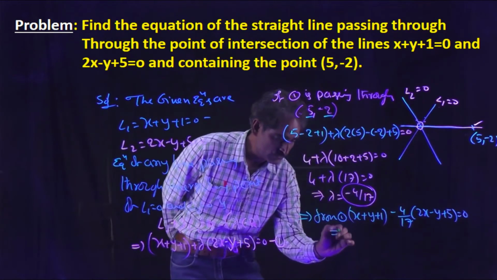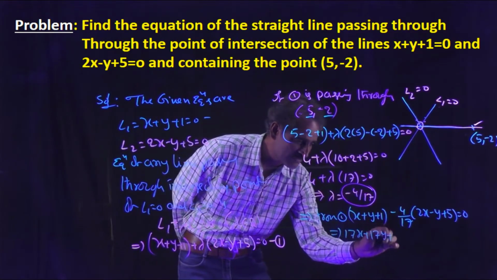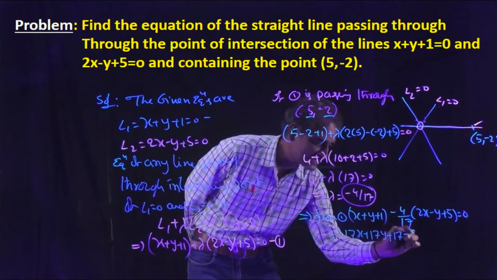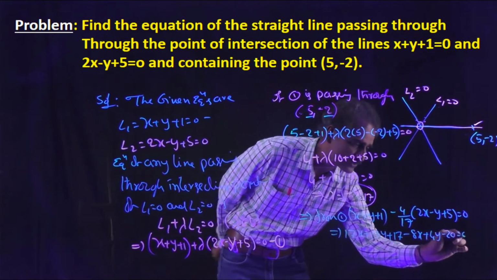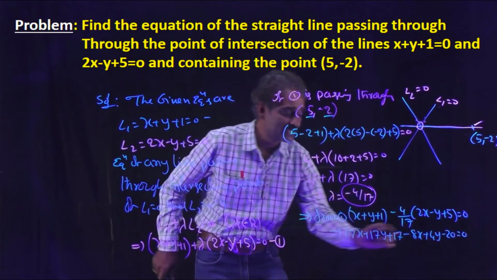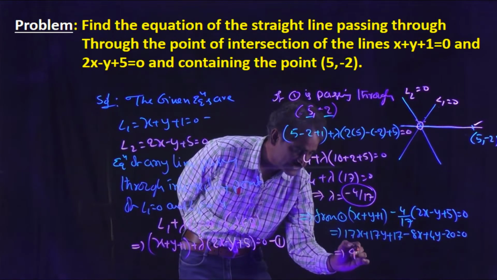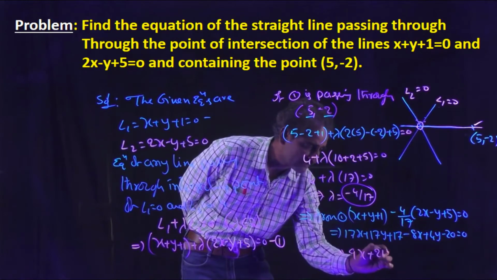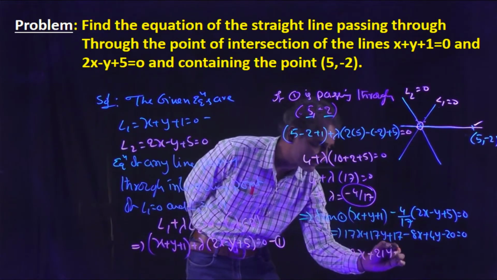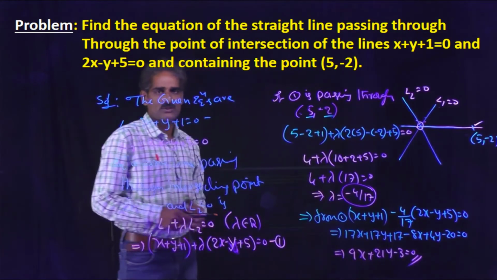Now from this we can write 17x plus 17y plus 17 minus 8x plus 4y minus 20 equal to 0. Now 17x minus 8x is 9x, 17y plus 4y is 21y, and 17 minus 20 is minus 3, equal to 0. This is the required equation.